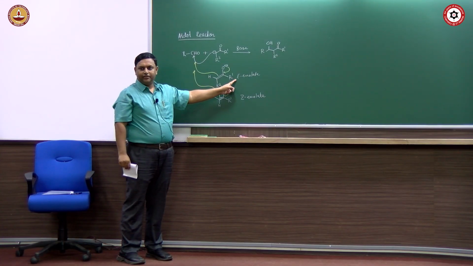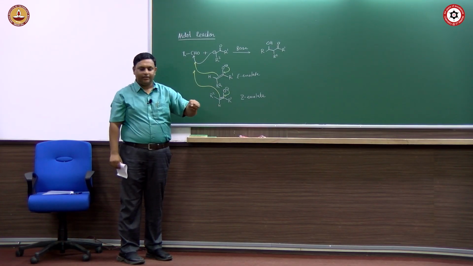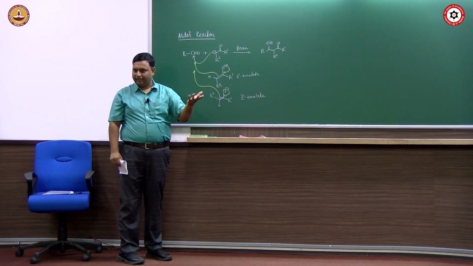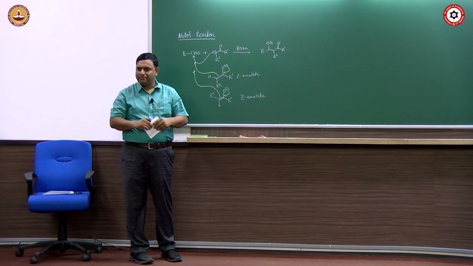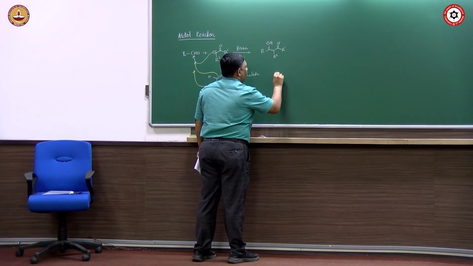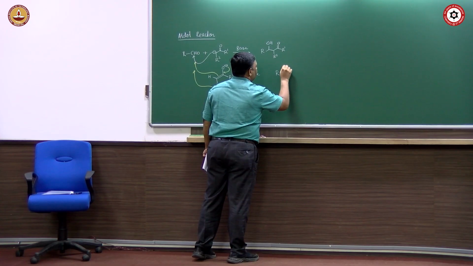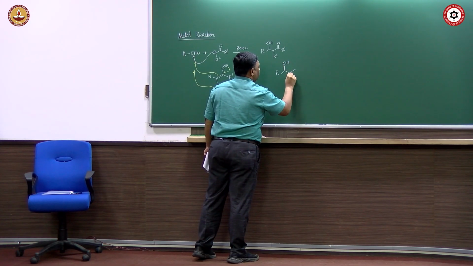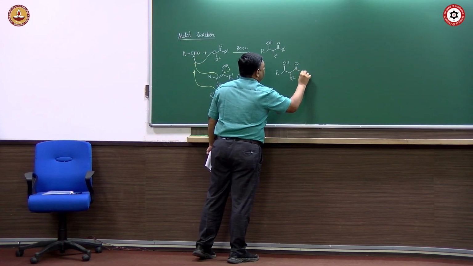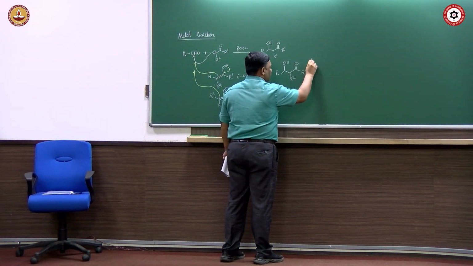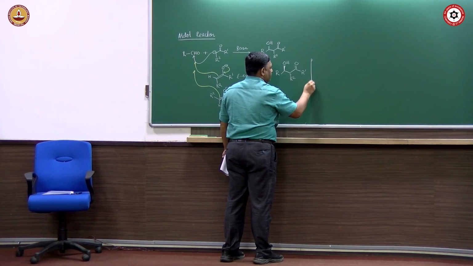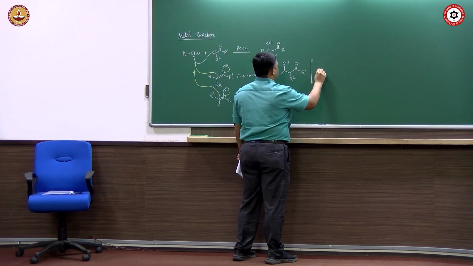From the E enolate you get one kind of product, and with the Z enolate you get another kind of product. From the E enolate, what product do we usually get? You can have this one or the mirror image of this one, because right now it is a racemic reaction.